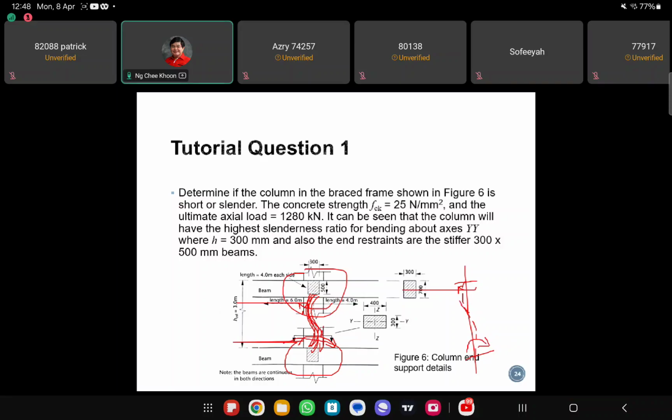So you have a double curvature. Okay, so on this side is tension, this side is compression, and then at the bottom end, this side is tension, this side is compression. Right? So this is what it means by double curvature. When the tutorial question does not mention it, we just use the most common type of bending, which is double curvature, for the calculation. Okay, is that okay? Thank you.